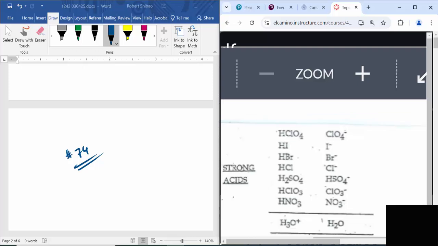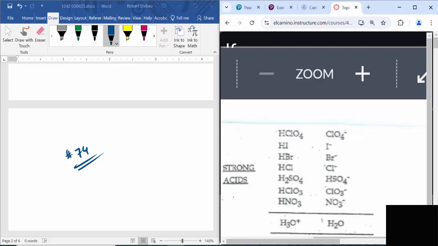So we have the strong acids here, the 7 common strong acids. Perchloric, hydroiodic, etc. And we have a Ka value for these. This is how we're going to get a gauge of the acid strength.